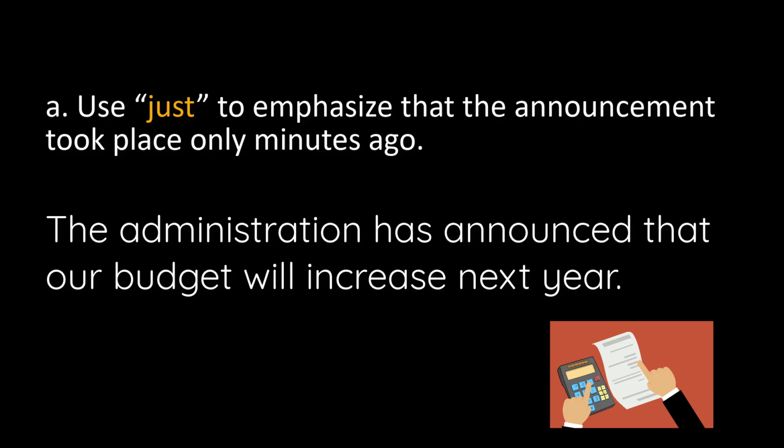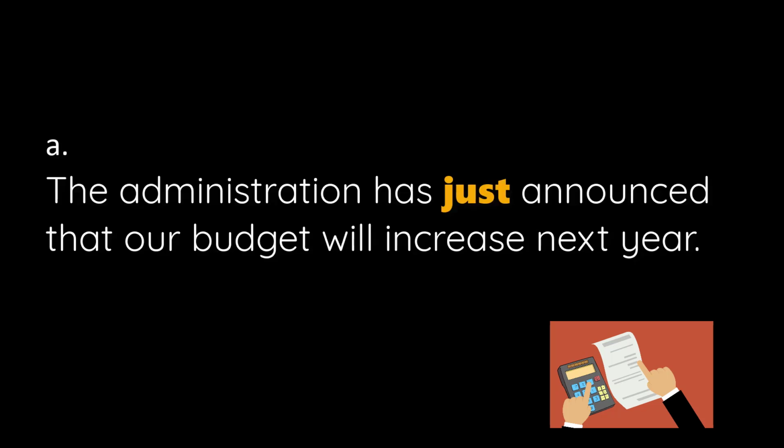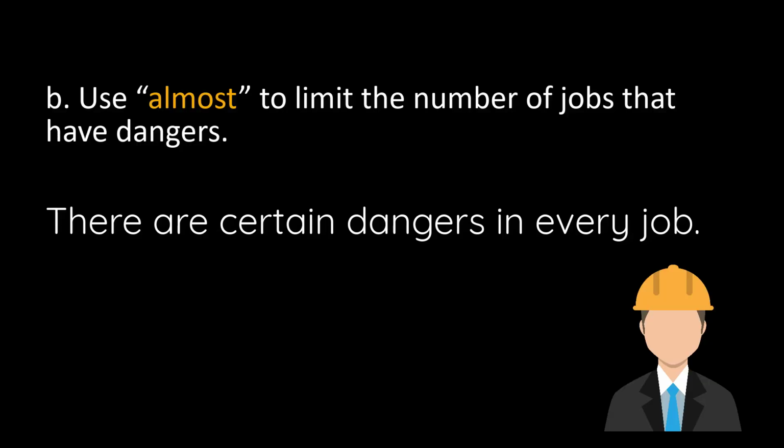A. Use just to emphasize that the announcement took place only minutes ago. The administration has just announced that our budget will increase next year. B. Use almost to limit the number of jobs that have dangers.